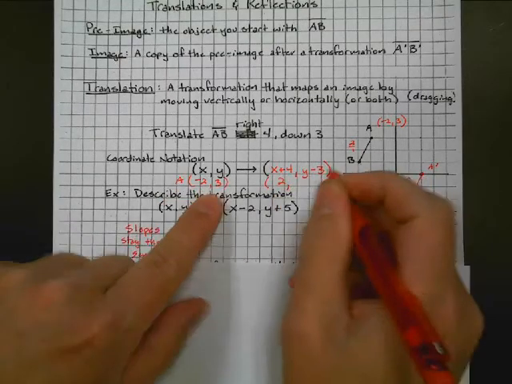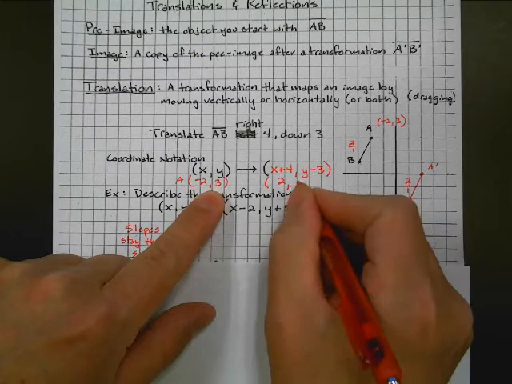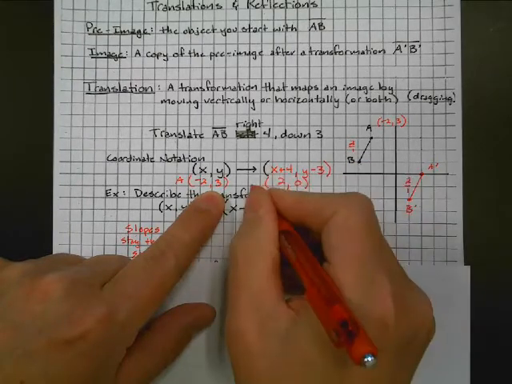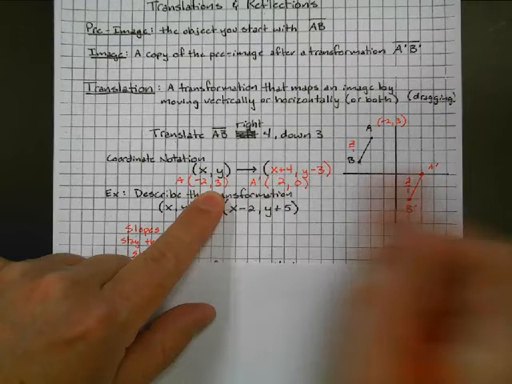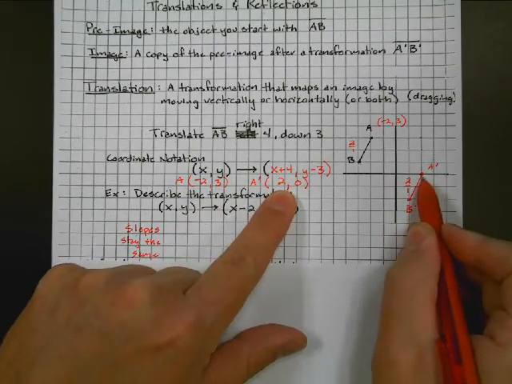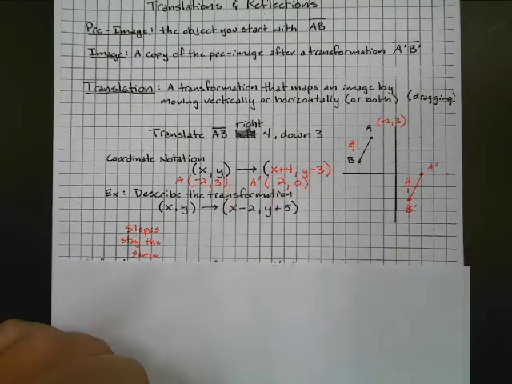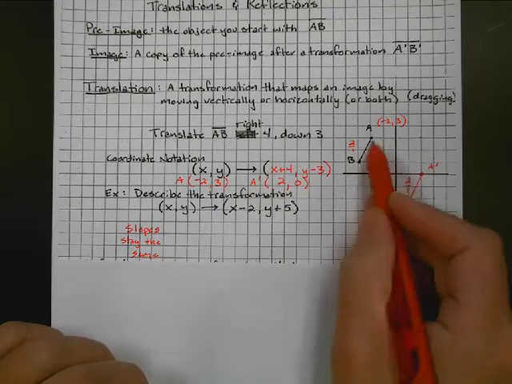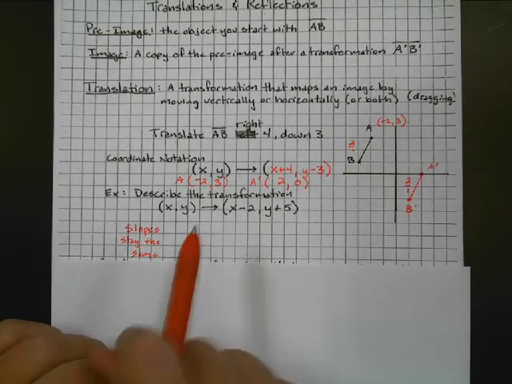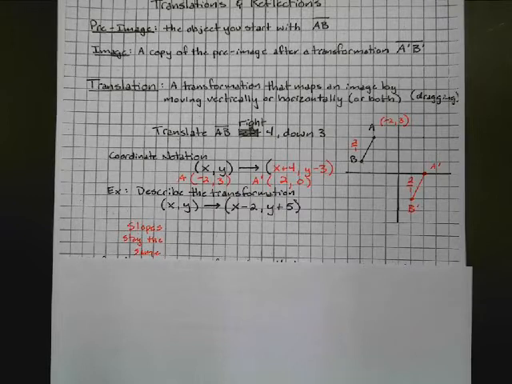For my y, it was 3. So this is 3 minus 3, that's 0. And this should be the coordinates of A prime. Well, let's look where we put A prime. A prime is indeed at 2, 0. So the coordinate notation tells us where the point should end up. Now, we can always use a graph and put it there. Sometimes you don't have to use the graphs at all. You can just use coordinate notation to do it.